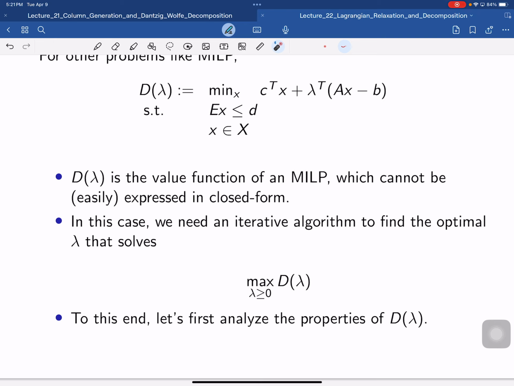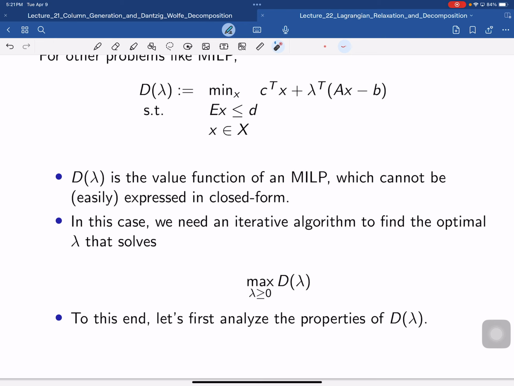So if this d lambda has very nice properties, for example, if d lambda is convex and continuous and differentiable, then this problem is really easy, right? In the third lecture, we talked about unconstrained optimization problems. So if d lambda has nice properties, then getting the Lagrangian dual is not that hard. You can even do a gradient descent if d lambda is differentiable and convex.